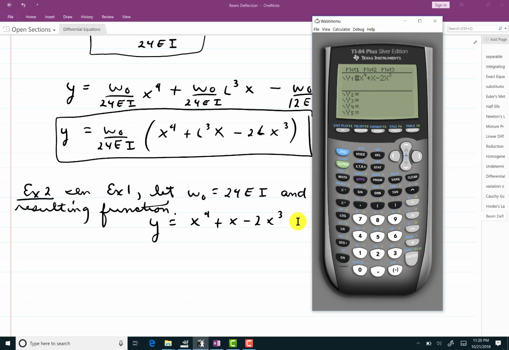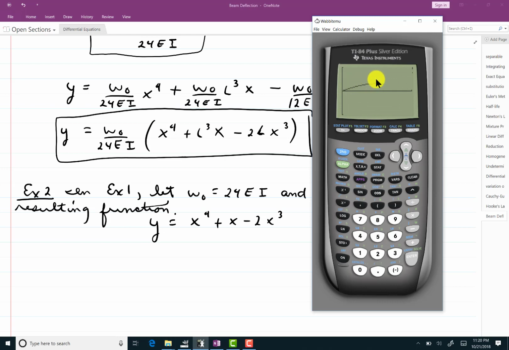Now, remember, the length is 1, so I really don't need to go past 1. What I'm going to do is set my window up, and I'm going to go from 0 to just 1 for the x's. The y values I'll leave from -1 to 1. We'll see what happens. Let me take a look at the graph.